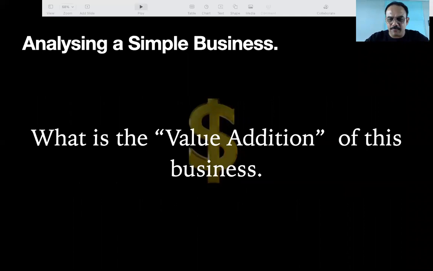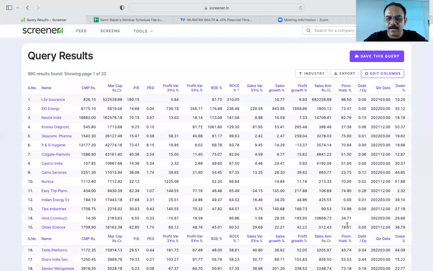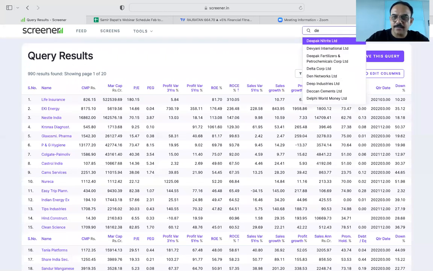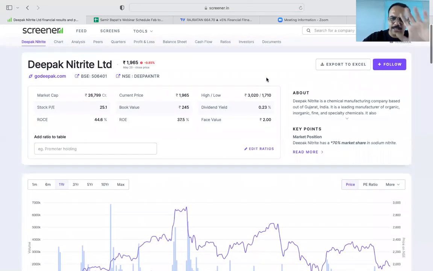Okay, before we go into value addition, I would like to take you to the screener, and to Deepak Nitrite. This is a fertilizer making company. When you open the account in screener, don't worry about how you will use it, I'll teach you.